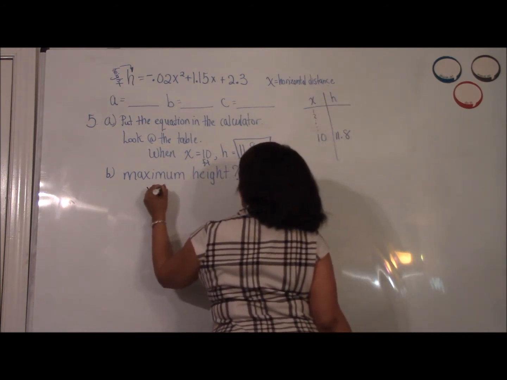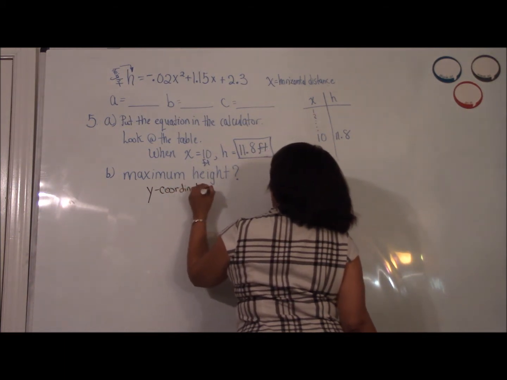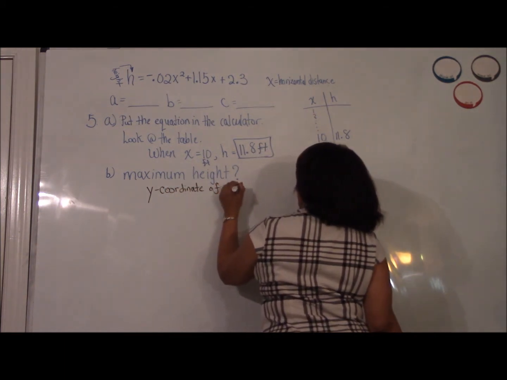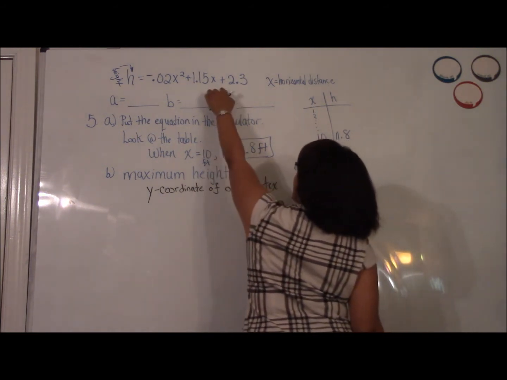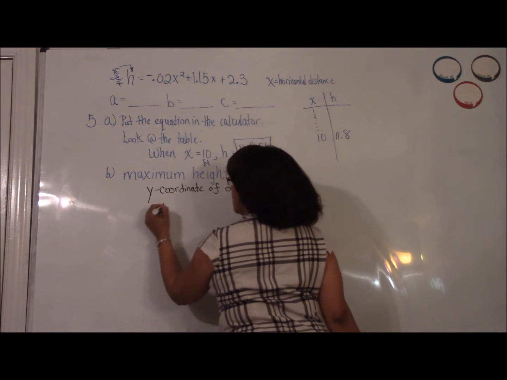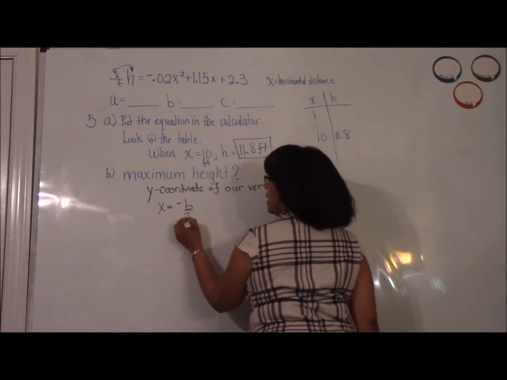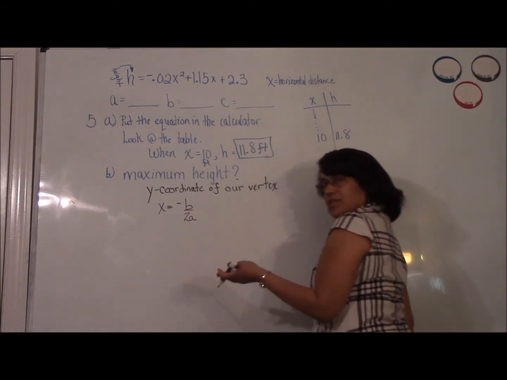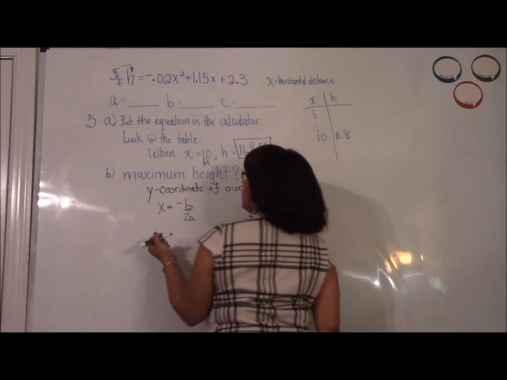So we're looking for the y coordinate of our vertex. So first we have to find our vertex. Since this is in vertex form, we can find the vertex by first finding x equal to the opposite of b over 2a, which is our axis of symmetry, and also the x coordinate of our vertex.